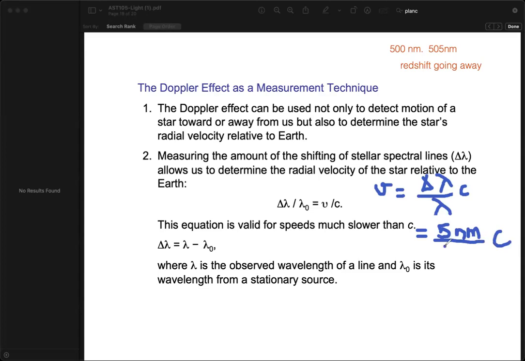And this is the original wavelength, which is 500 nanometers. Here, it's the same unit on the top and bottom. In mathematics, when you have that situation, then you don't necessarily need to change the unit.